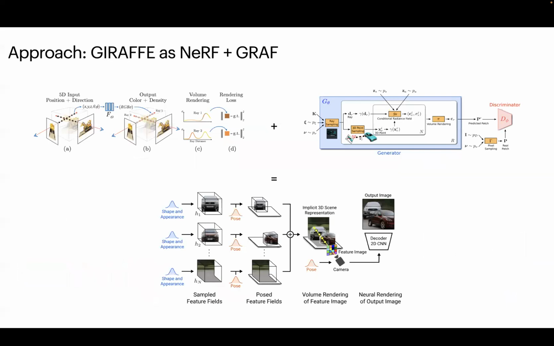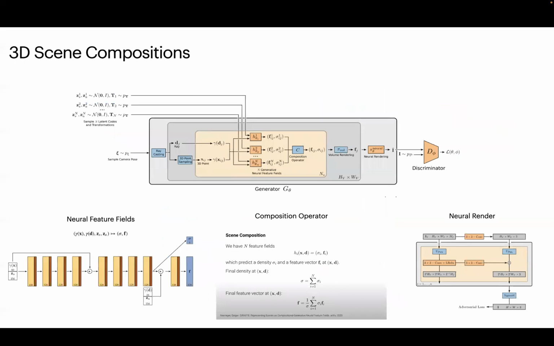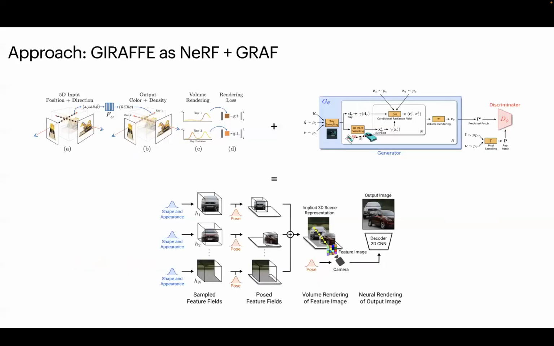In other words, the feature images, without the sense of color, after the decoder of 2D CNNs, would output images which resemble that, and it is also the part where the representation of neural feature fields would match to the color and give a sense of what the output images are.